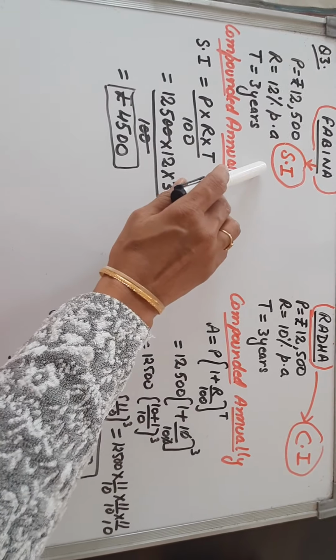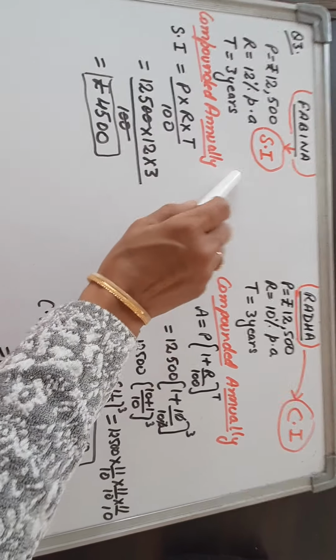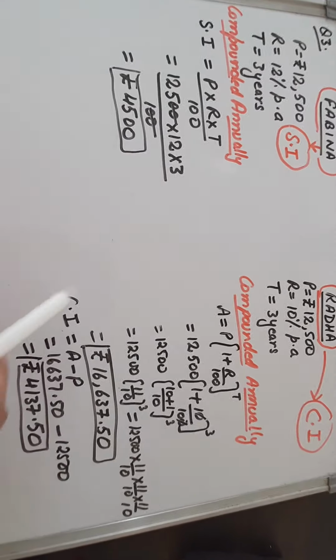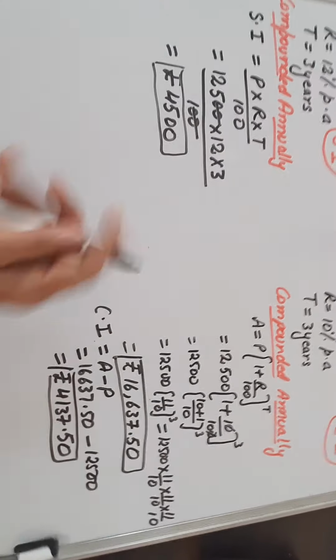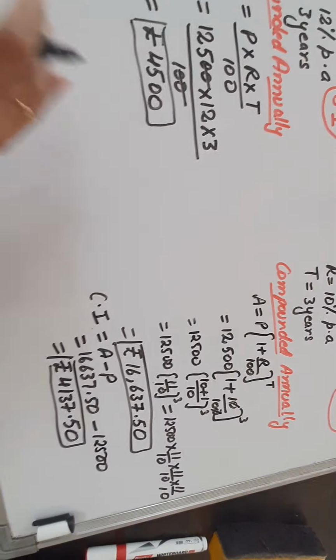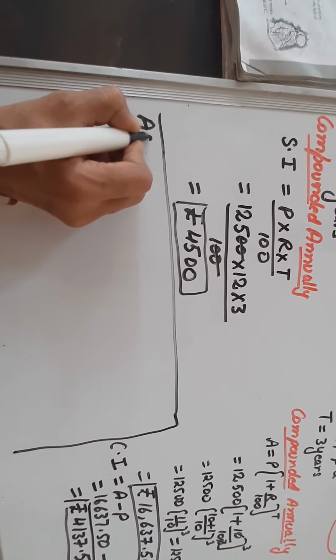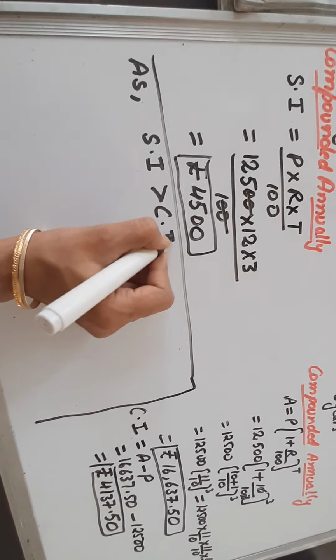But now here simple interest is more, and the rate of interest in case of this is less. So we will say that by comparing the two, simple interest is greater than compound interest.